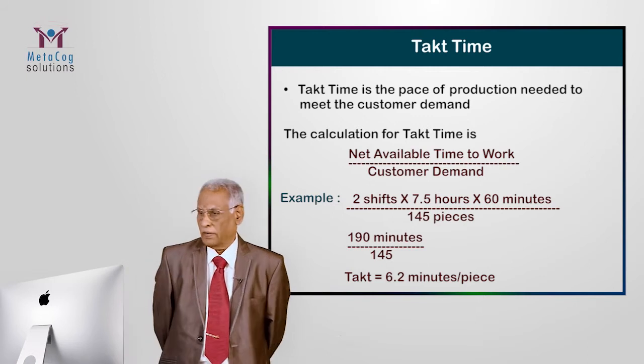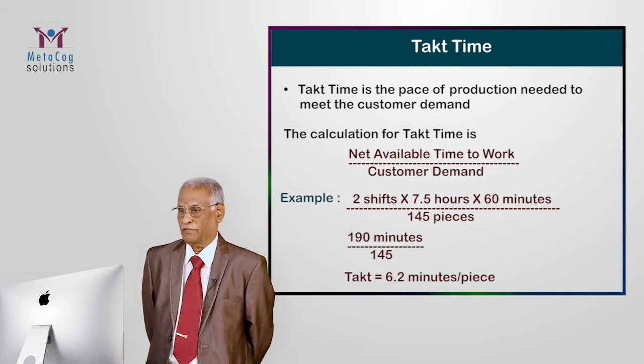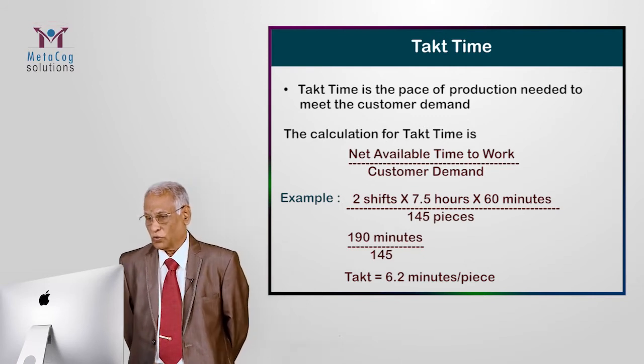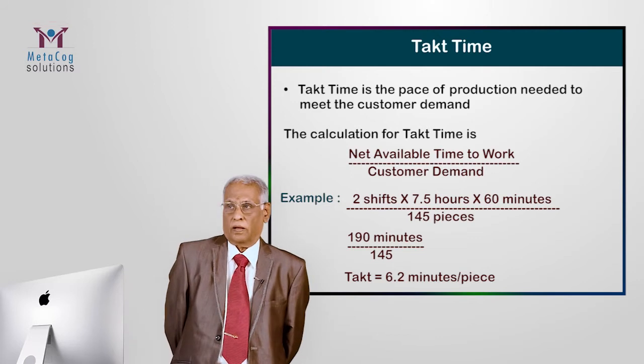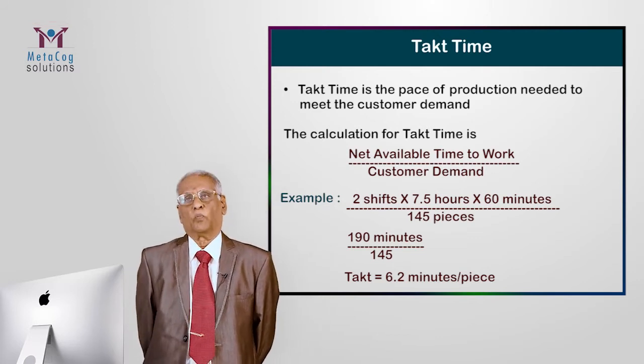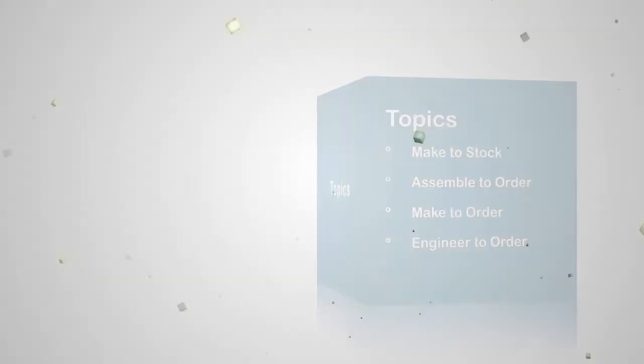That means you have 900 minutes, out of which you have to produce 145 pieces. In other words, you need to produce 1 piece every 6.2 minutes. So, at the end of 6.2 minutes, 1 piece must come out of the production.